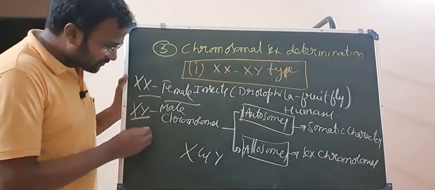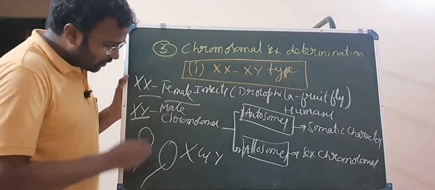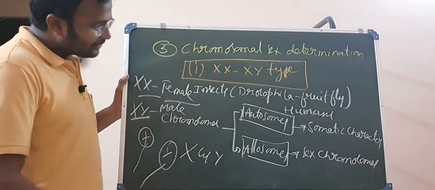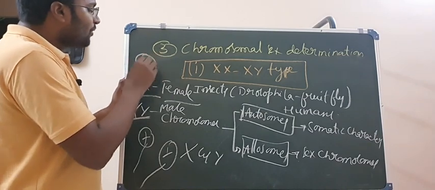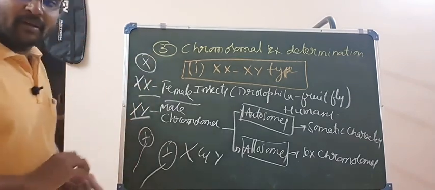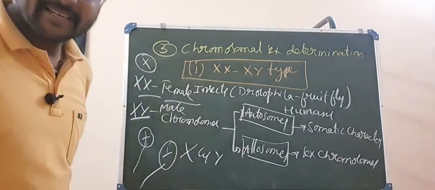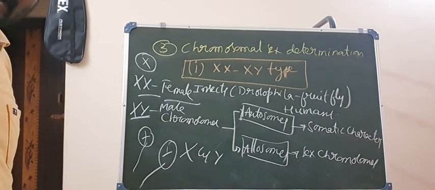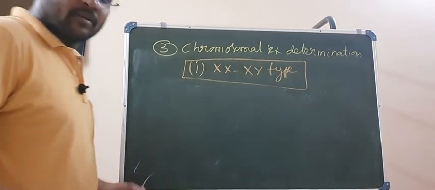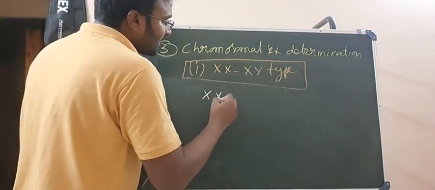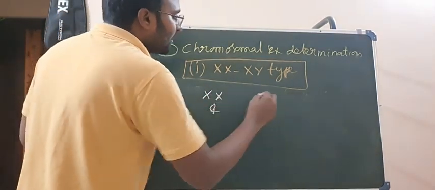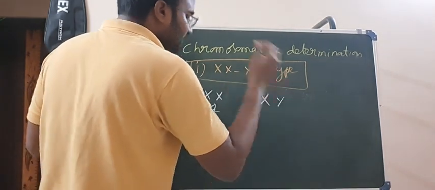Two types of sperms can be formed, one can be X and another can be Y. But in females only X type of egg cell is formed. Let us see in detail. So XX is female and XY is male.